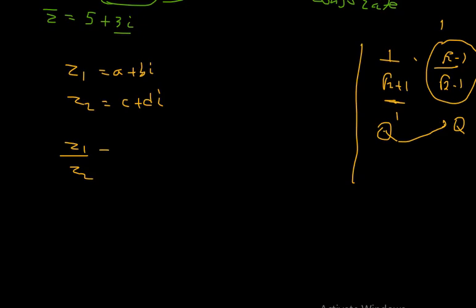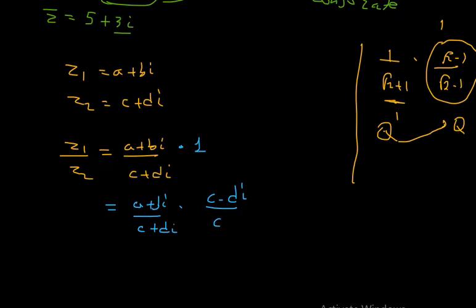So a plus bi over c plus di, we multiply by its conjugate. Of course you have to multiply by 1. So this is a plus bi over c plus di times c minus di over c minus di. This one is the conjugate of the denominator, so when you divide, that's the same as 1.